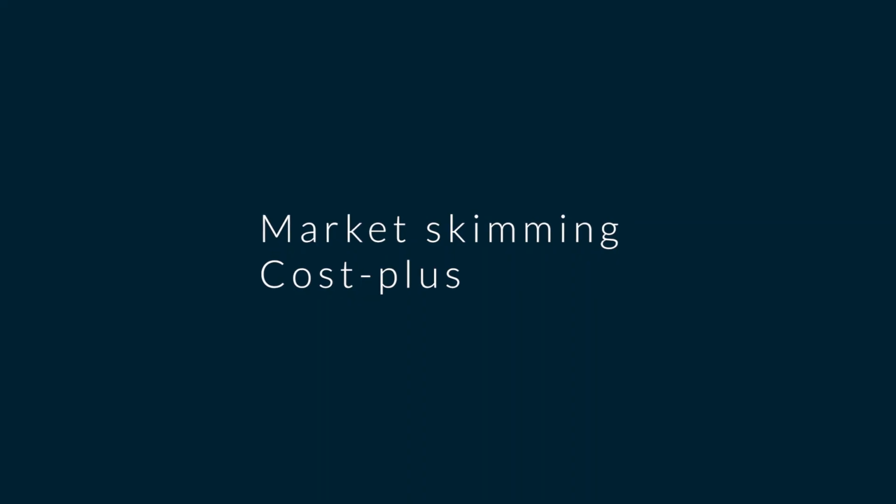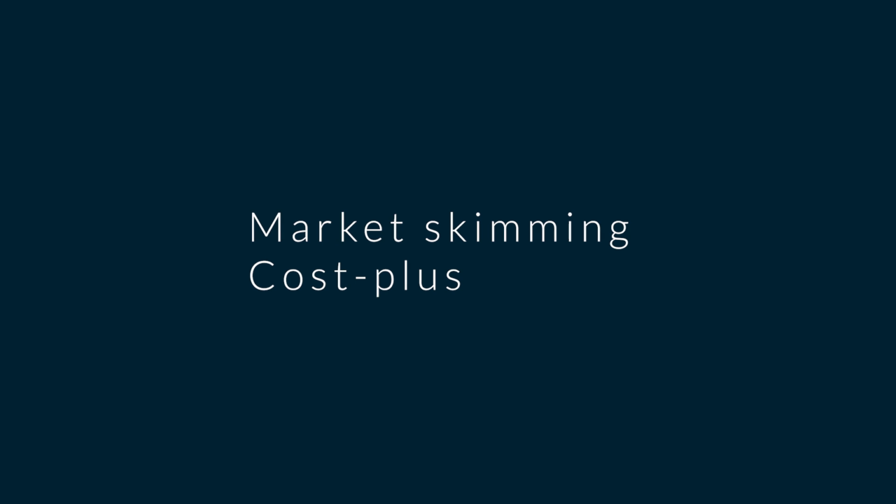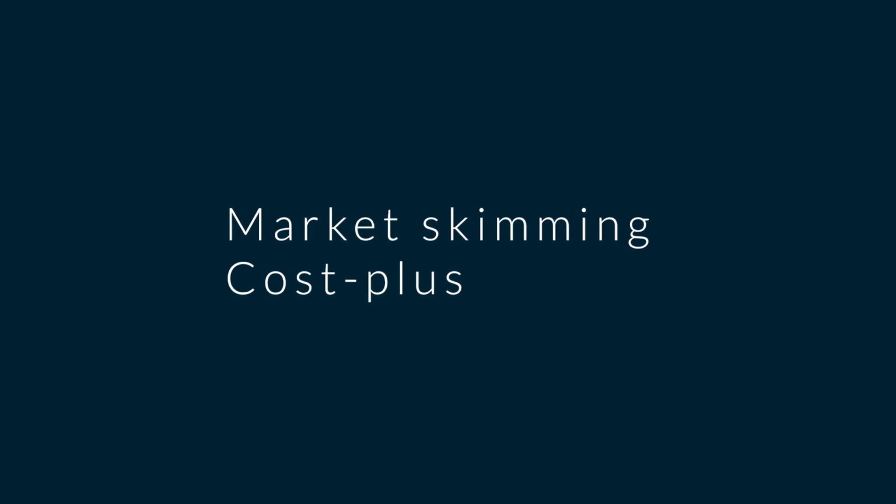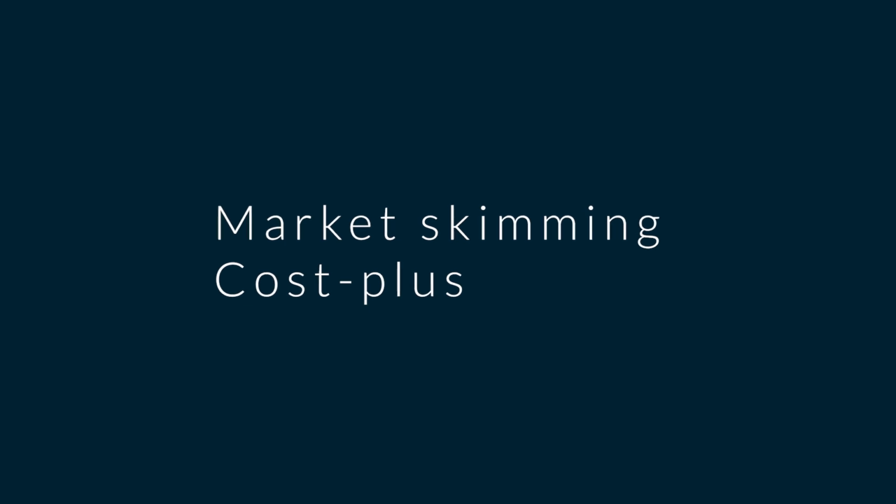Number 2, market skimming. This is used in the absence of competition. A new product is priced high to make a large profit from purchases by initial customers. When competition does occur, the price is usually lowered. And then we have cost plus.